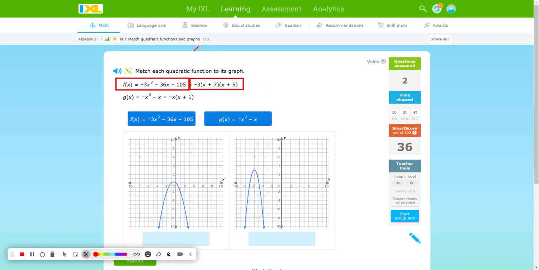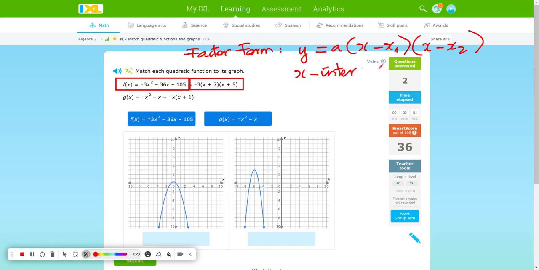Let's write the factored form: y equals a times (x minus x1) times (x minus x2). The two x-intercepts had to be at x1 and x2. When you get the equation, make sure you take the opposite.